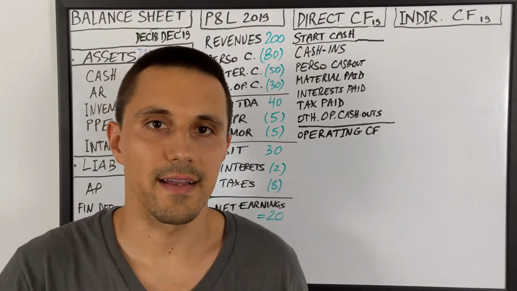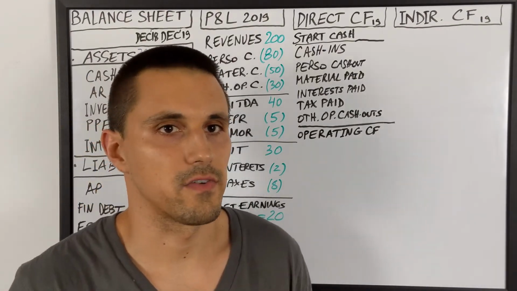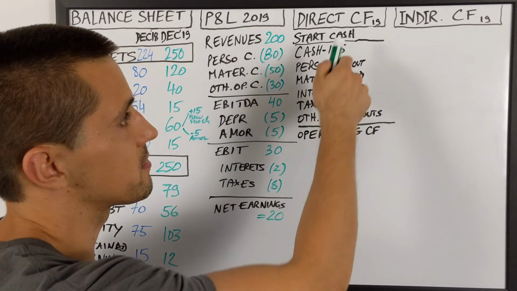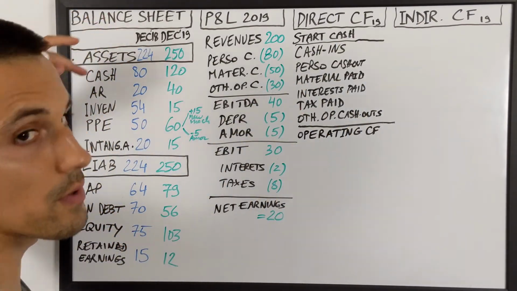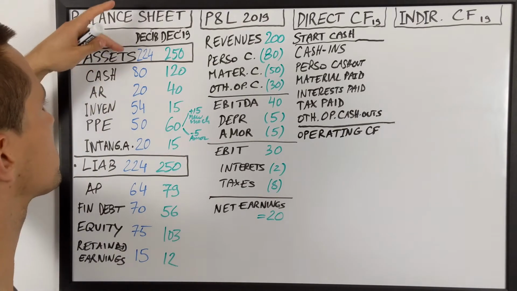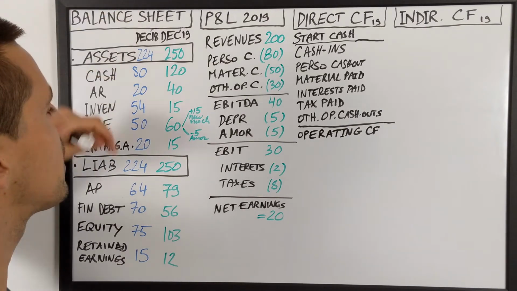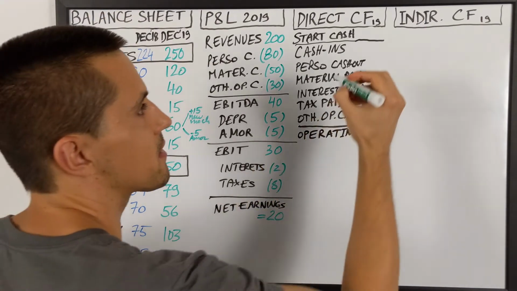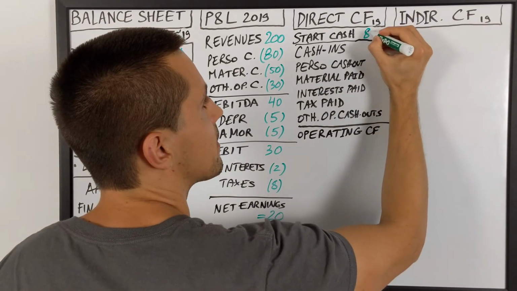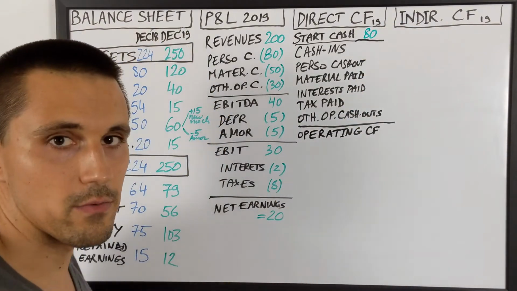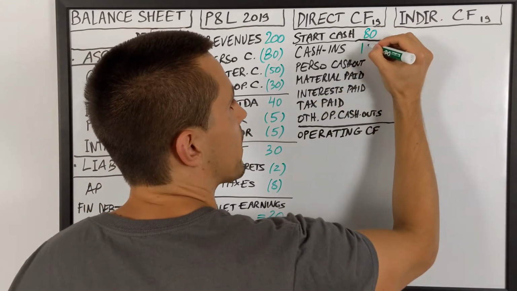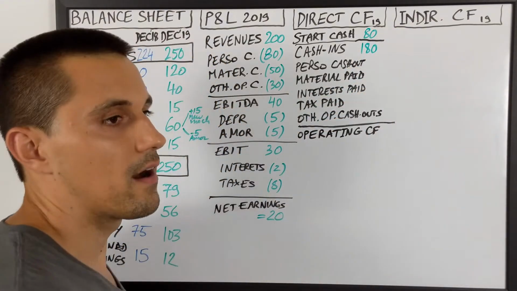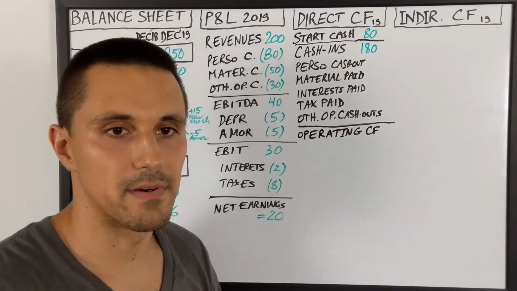Okay, now it's time to add some numbers into our direct cash flow. So starting cash for 2019 is the end cash of 2018. When we look at our balance sheet, cash at the end of December 2018 was 80. So our starting cash in 2019 is 80. Then we have our cash ins, which are in this case 180 positive. And then we have a lot of negative numbers.